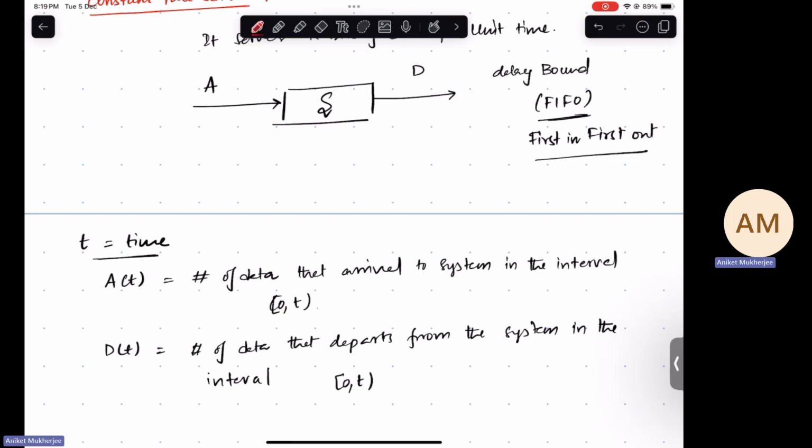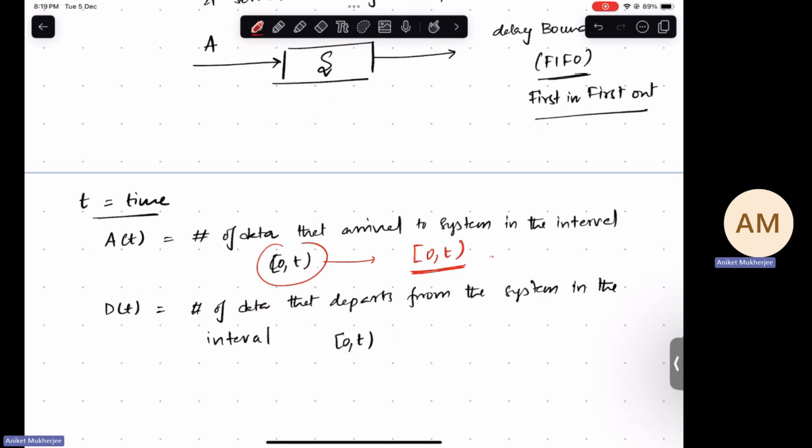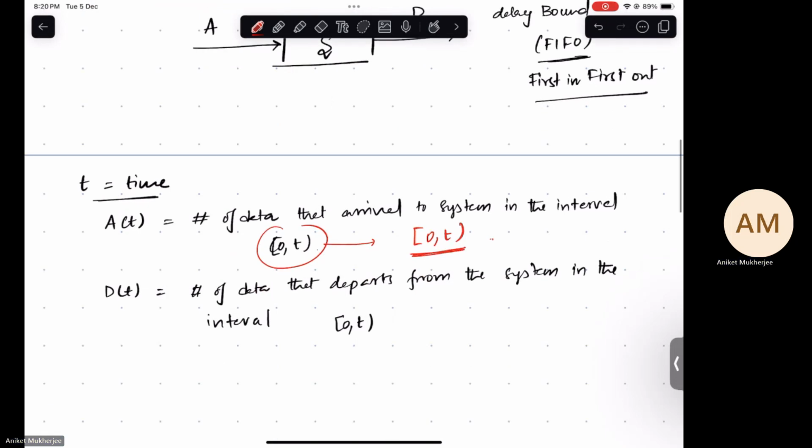One of the important points is to keep in mind how I denote the interval. It is closed on one side and open on the other. Now, why do we use this kind of notation? I'll let you know, we'll have a discussion on it.